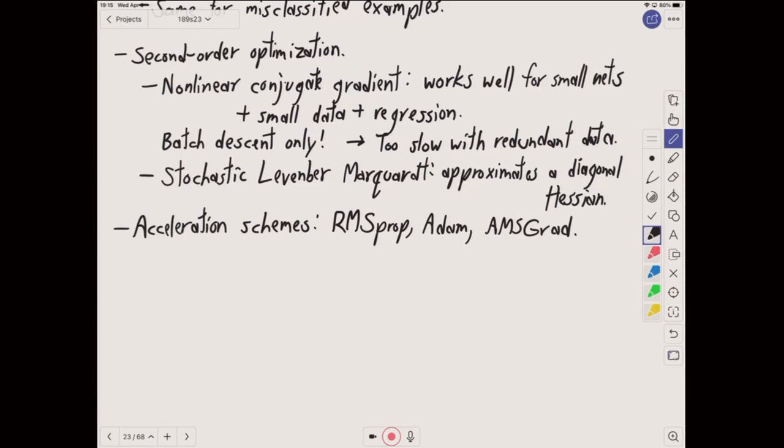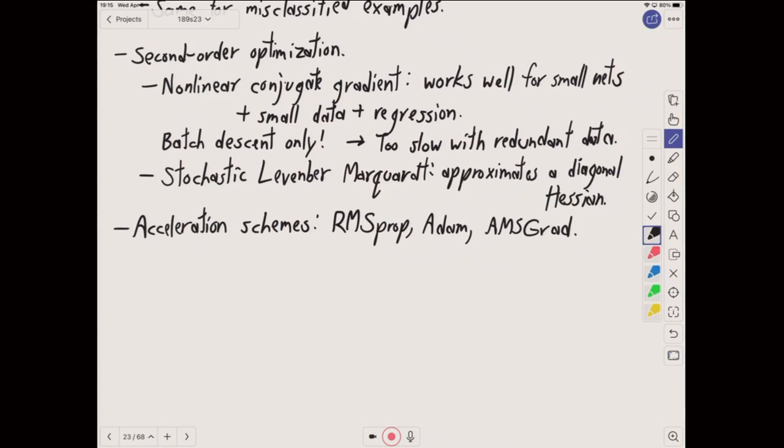So these are all ways that try to solve the problem that gradient descent isn't very good because the gradients usually don't point in the best direction. I mean, you do want to do descent, you want to walk downhill, but the direction of steepest descent is rarely the best downhill direction.